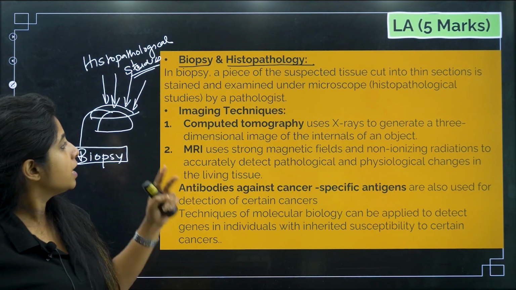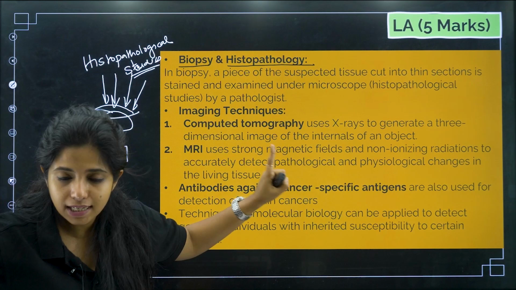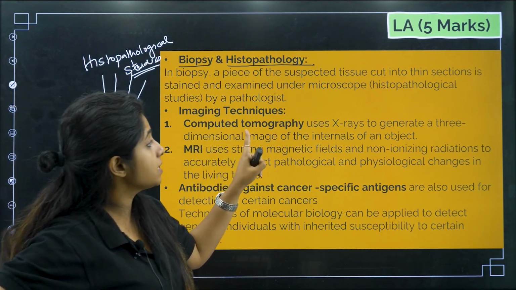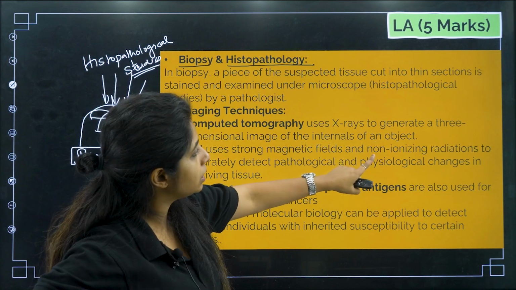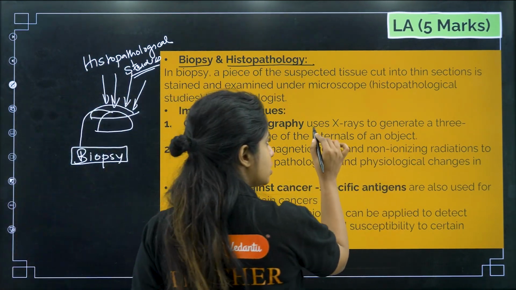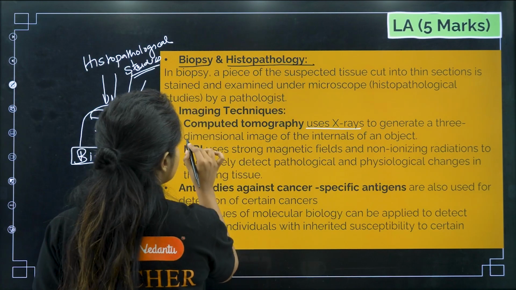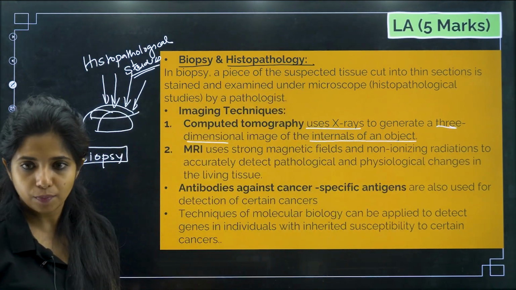Okay. Second thing, imaging techniques. So, we have computed tomography, which is also known as CT scan. In CT scan, you use X-rays to generate a three-dimensional image of the internals of an object, or basically your body parts.